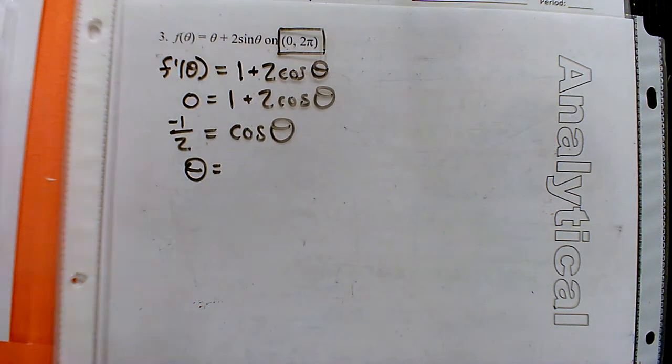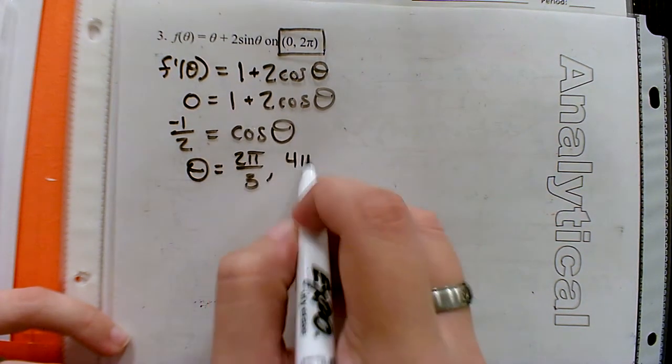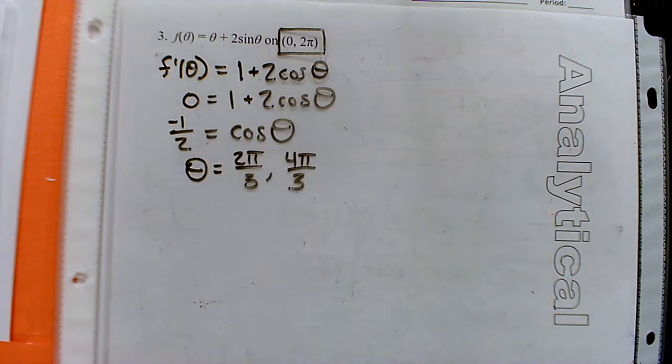Can we find them good, Vinny? 2 pi over 3 and 4 pi over 3. Perfect.